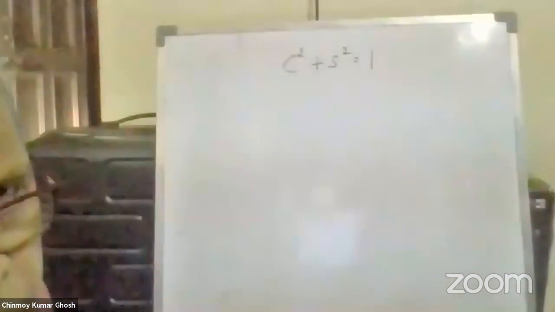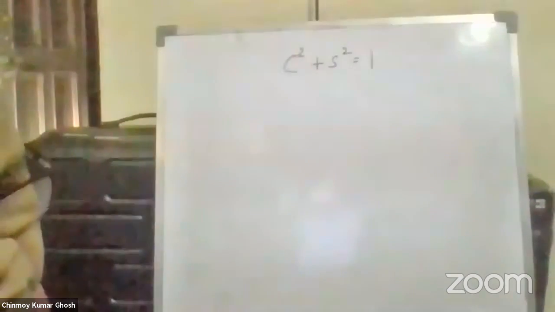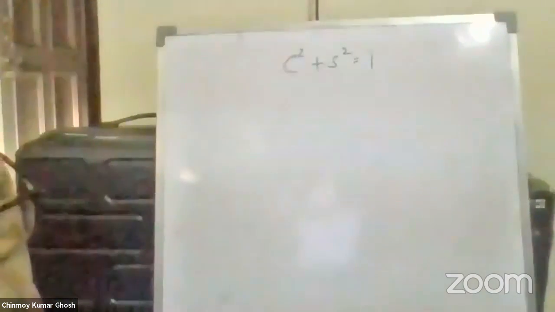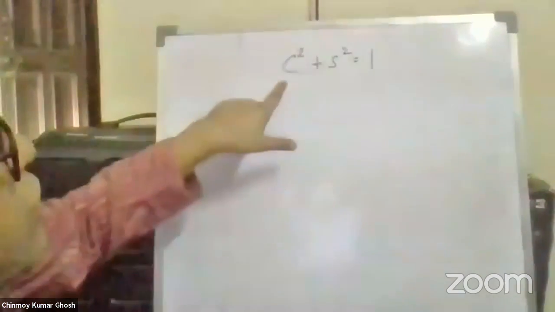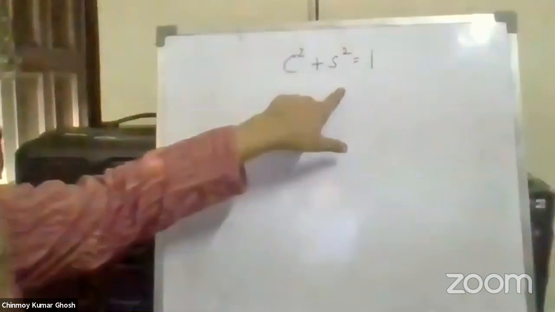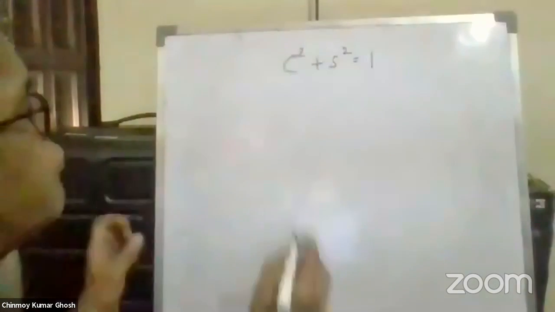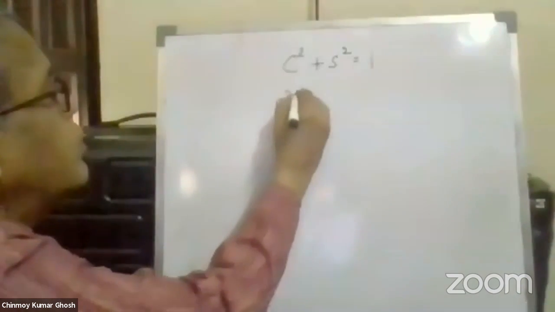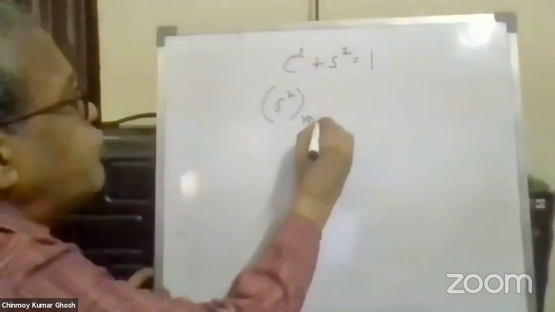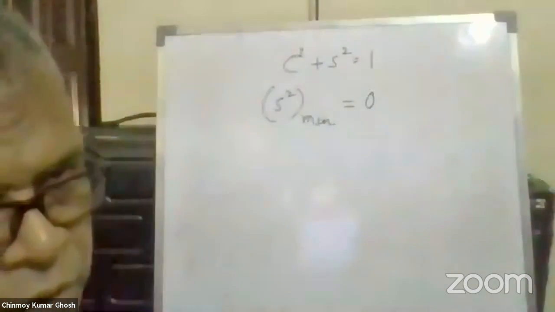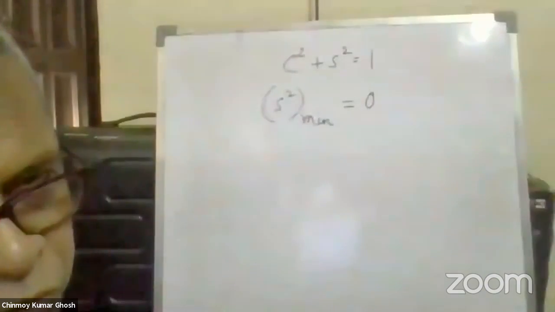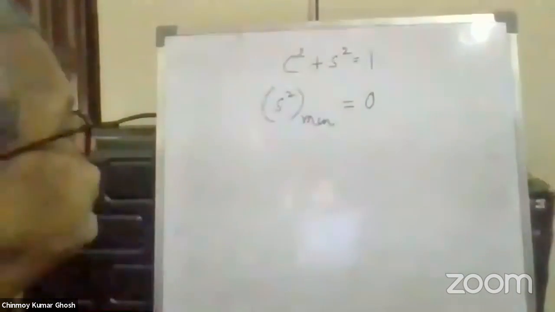And in order to know the minimum value of either sine square theta or cosine square theta, you don't need to fall back on trigonometry, because these are perfect squares, and the minimum value of a perfect square is equal to 0. Sine square theta being a perfect square, its minimum value is equal to 0.